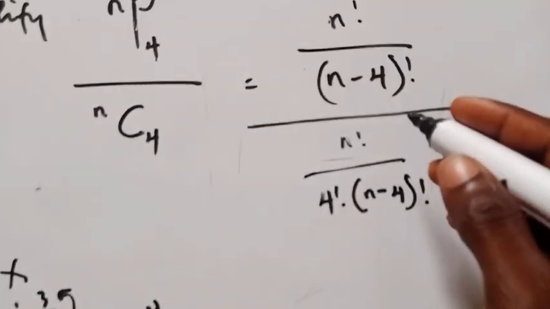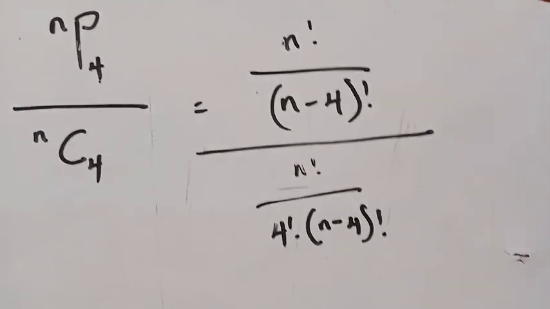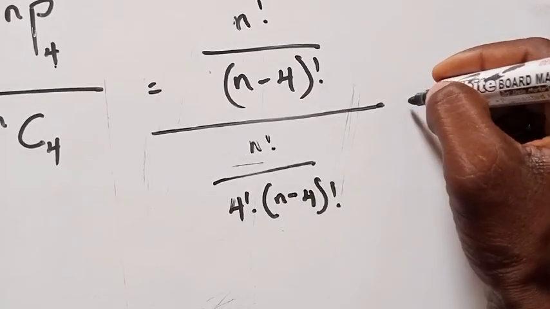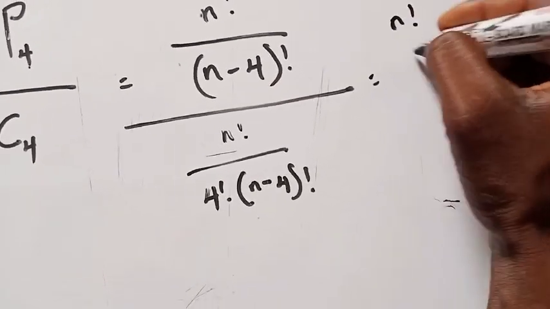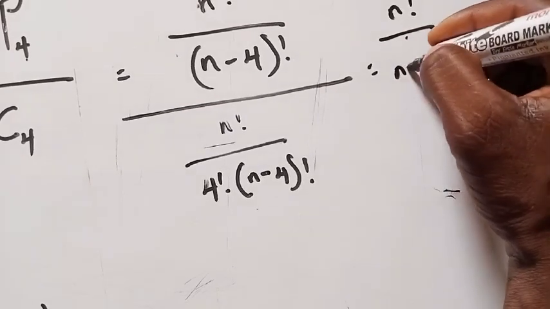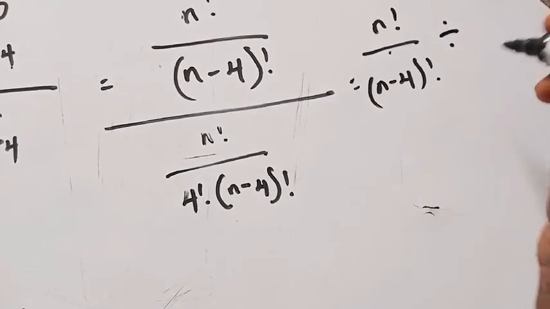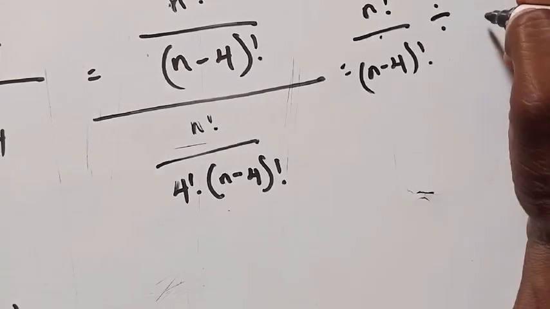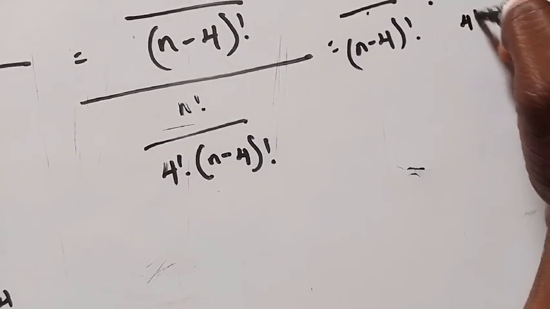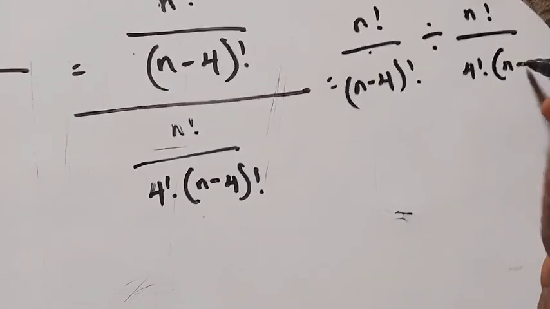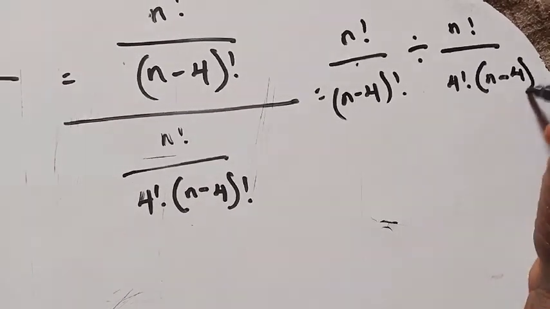Using that here, before that, let's get to this point. You have n factorial divided by n minus 4 factorial for the top, divided by n factorial divided by 4 factorial times n minus 4 factorial.